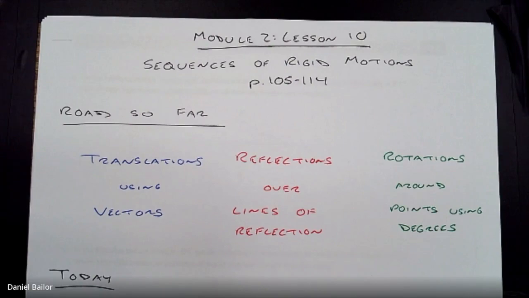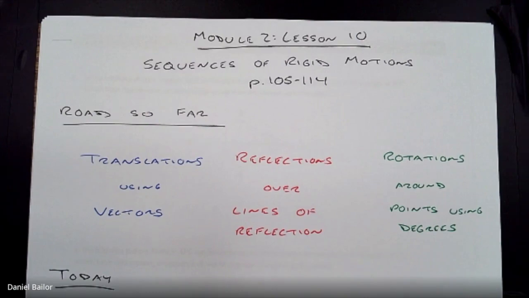And so for today's lesson, we're going to be talking about doing all three rigid motions. So let's review a little bit the road so far. So far in Module 2, we've learned about three rigid motions. And as a reminder, a rigid motion is a transformation. It is a change where size and shape stay the same. That's called congruency. It's a change that keeps congruency. So these are the three changes that keep size and shape constant.